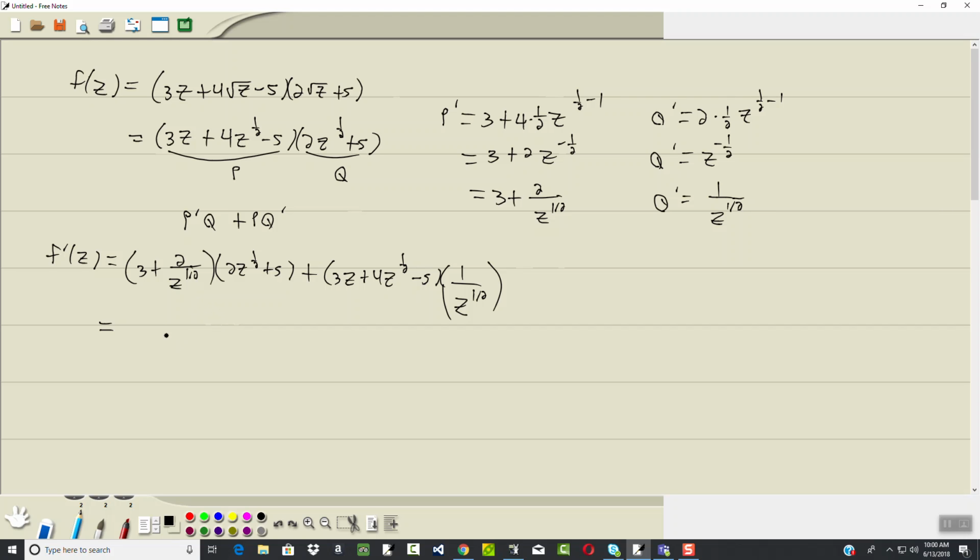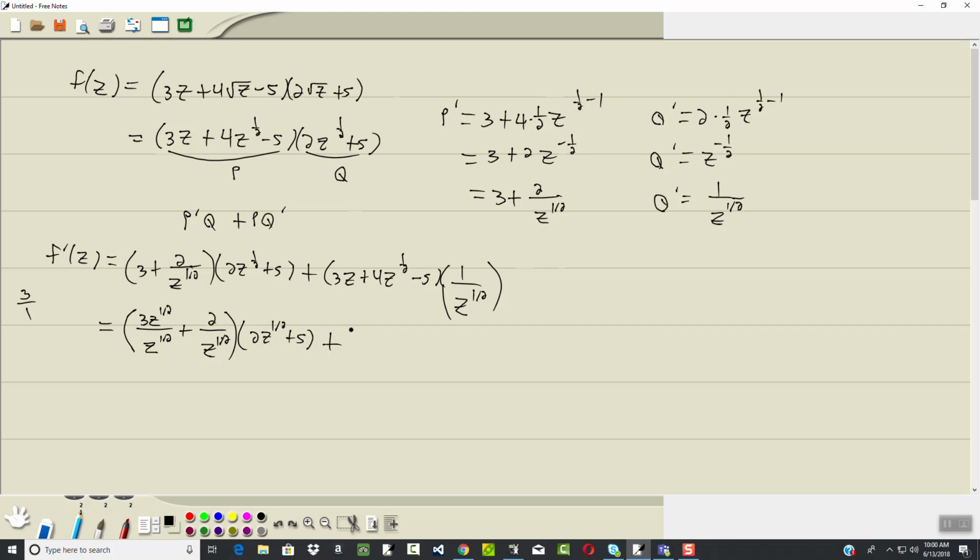Let me get a single fraction there. So 3 is the same as 3 over 1. And I need to get a common denominator, which is z to the 1/2. So I multiply the top and bottom by z to the 1/2. So I got 3z to the 1/2 over z to the 1/2 plus 2 over z to the 1/2. Everything else carries down.